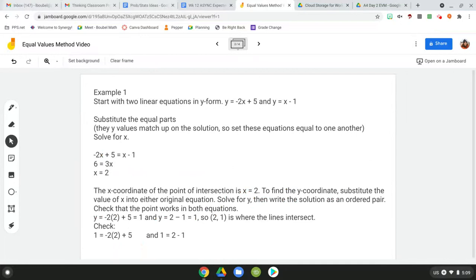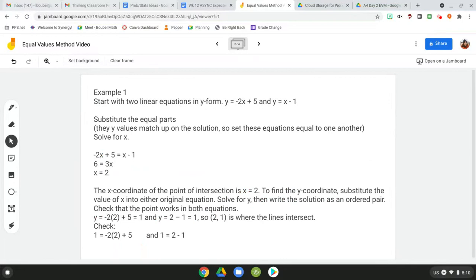So the y's need to be the same number at that point. Maybe it's 0, maybe it's 6, who knows. But because the y values are going to be the same at that point, we can set those equations equal to each other without y being involved.